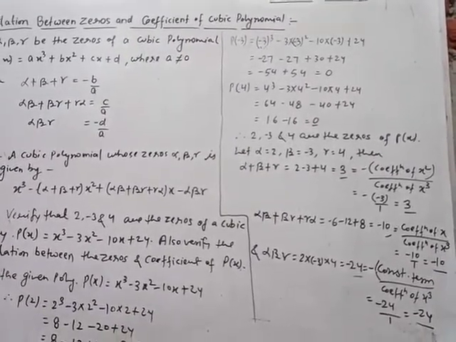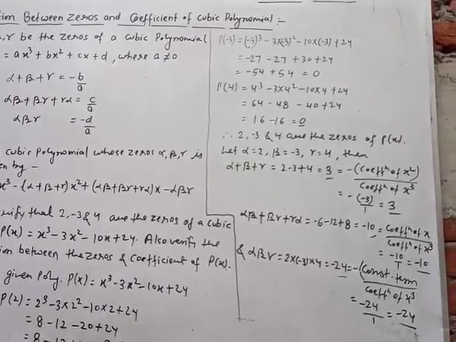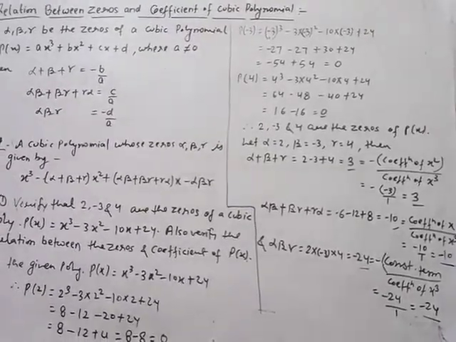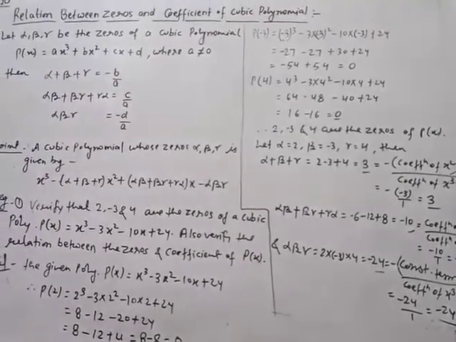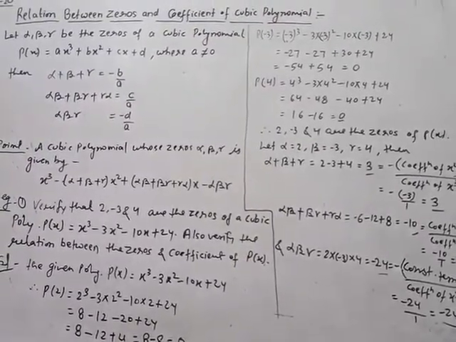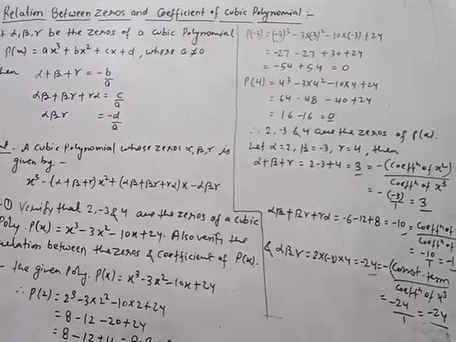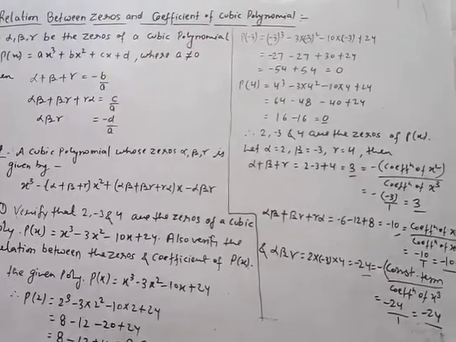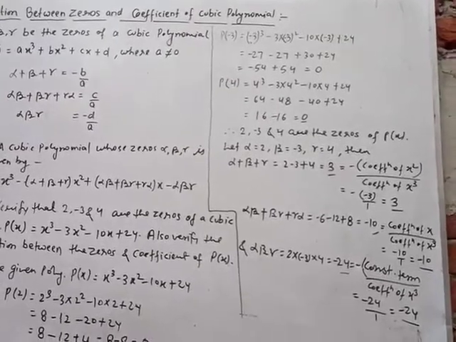On solving you get 0, and p(4) is also equals 0. If you get 0, then it is verified that the given values 2, minus 3 and 4 are the zeros of given cubic polynomial. So students, first is verified.